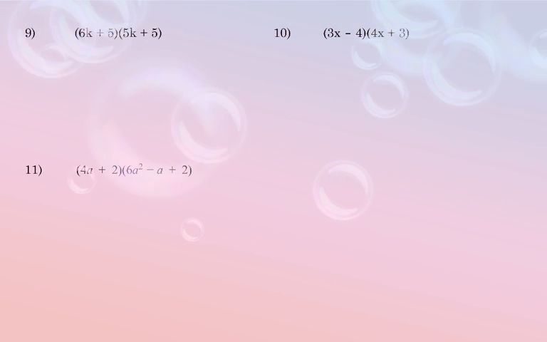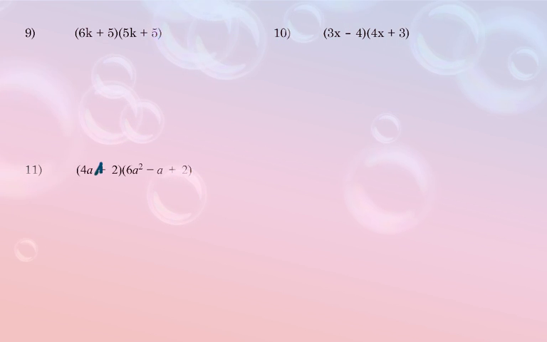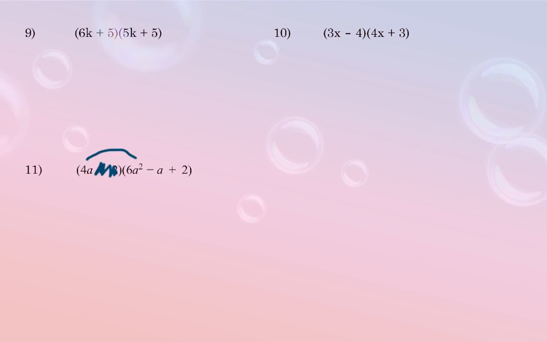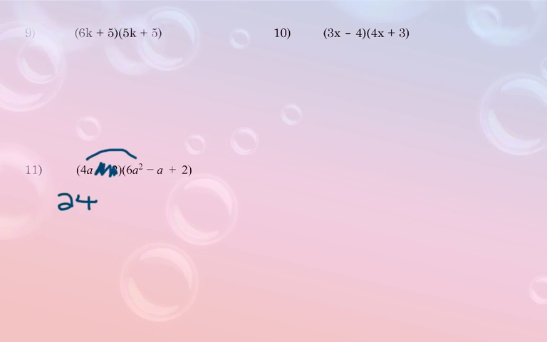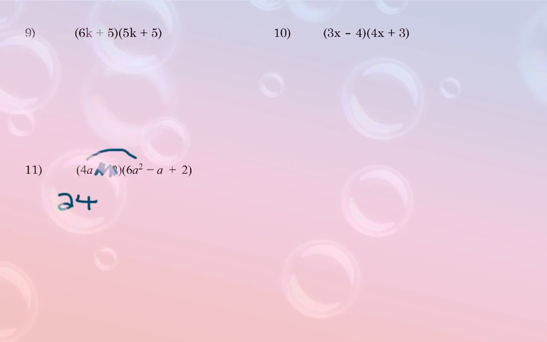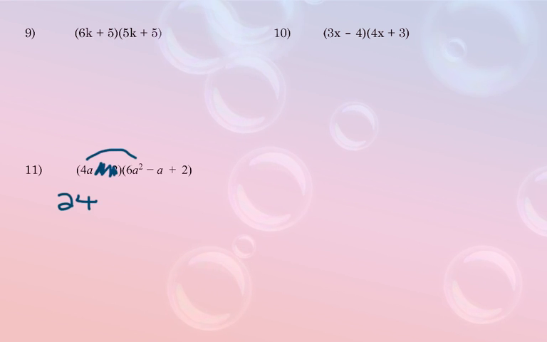Let's ignore this 2 right now. Got 4a times everything in there. 4a times 6a squared, 4 times 6. Now we have a times a squared. So that's 1a times an additional 2 a's.